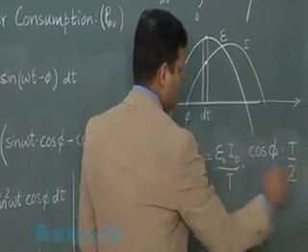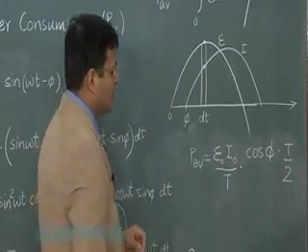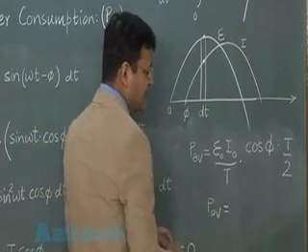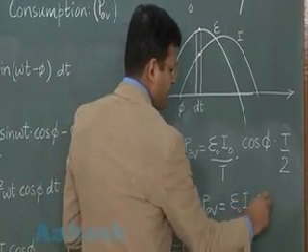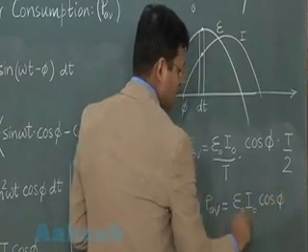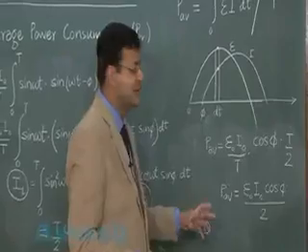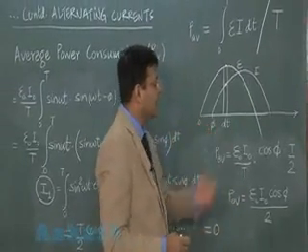This is the total expression of average power I have got. If you look at this expression carefully, this becomes P average as E naught I naught cos phi upon 2.